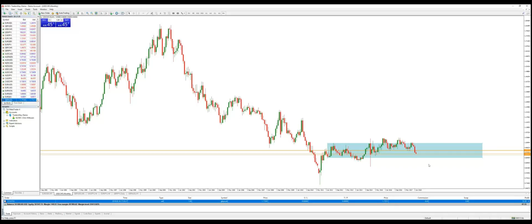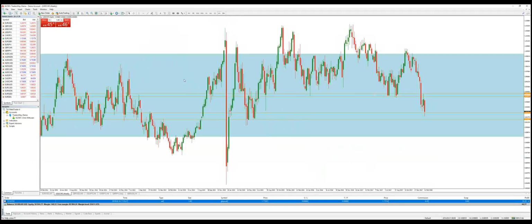So that's the trading range. So it's a pretty boring currency, but when you look at it that way. But look at this. There's 1,000 pips to play. So not a bad range. But we are in the bottom of this range.